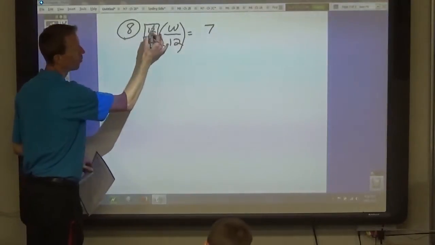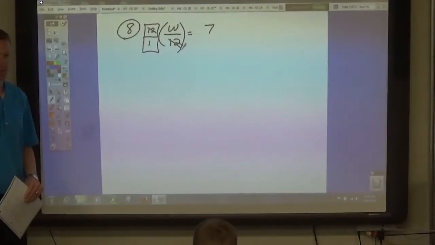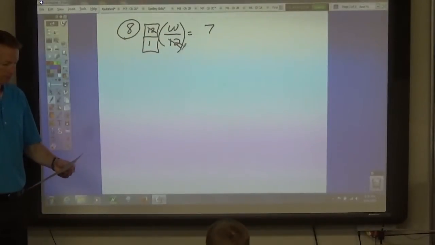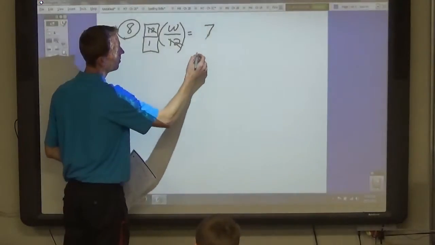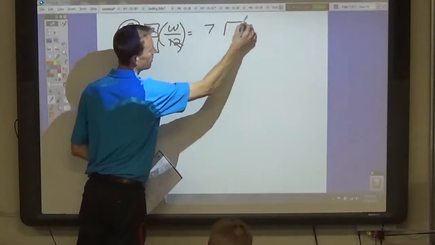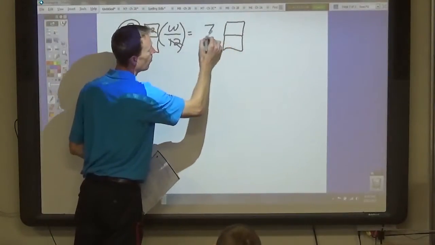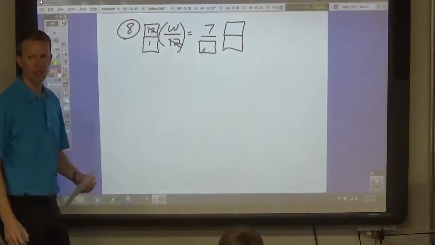Then we have 12 over 12, so we can cross those out. Then go to the other side. We have 2 boxes again. This is what we're multiplying by. What can we put under the 7?